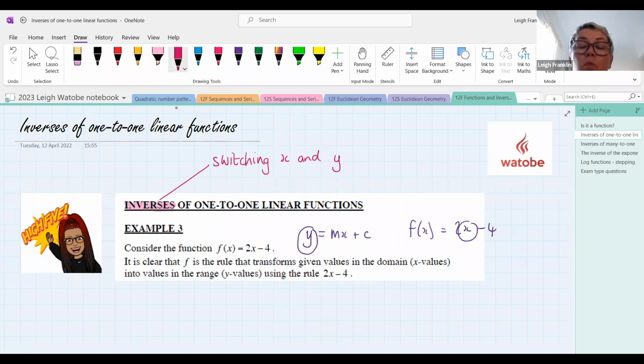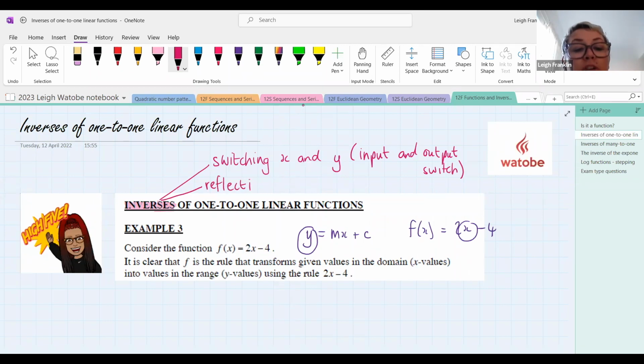So in other words, what was our output is now our input, and what was our input is now our output. Okay, so input and output switch round. Or the second way that you could consider an inverse is as a reflection.